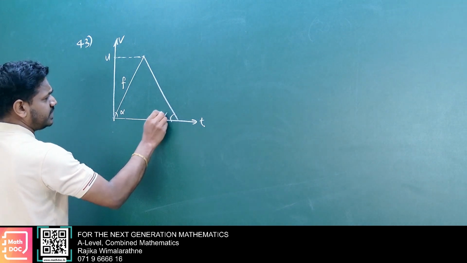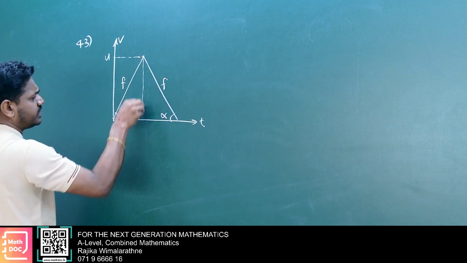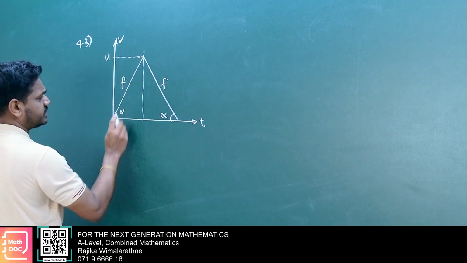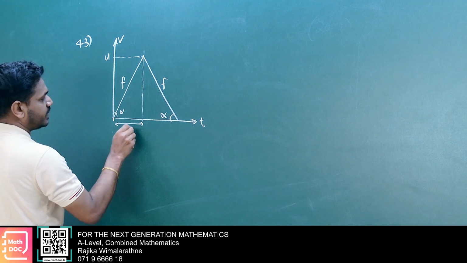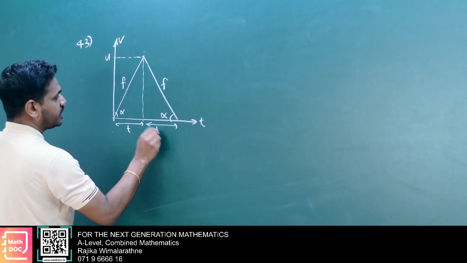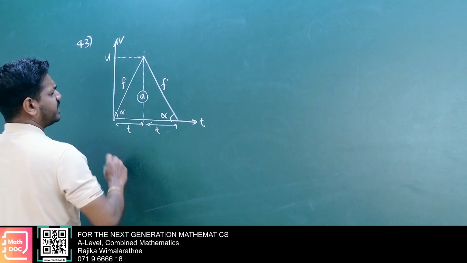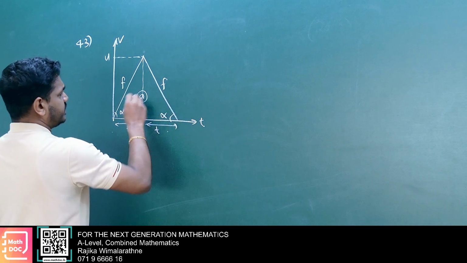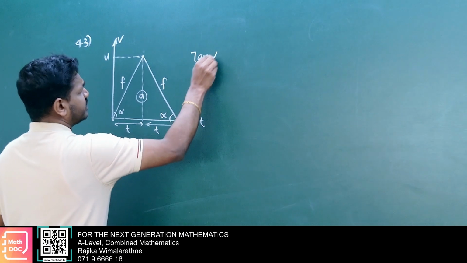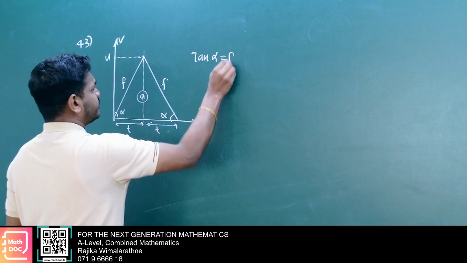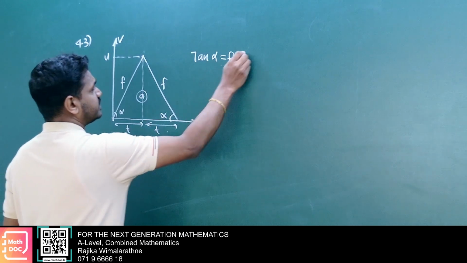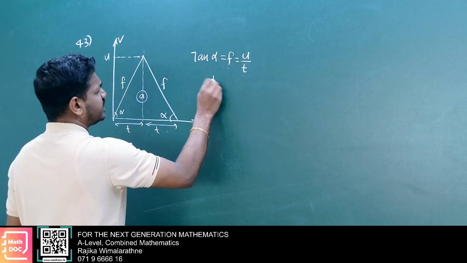Think about this case. So here time, acceleration, same velocity, no? Then time same, t, t. Then displacement a. Then tan alpha equals f equals u over t, then t equals u over f.